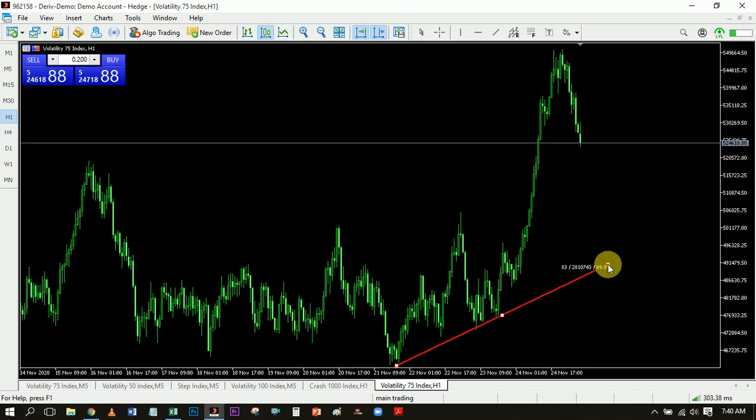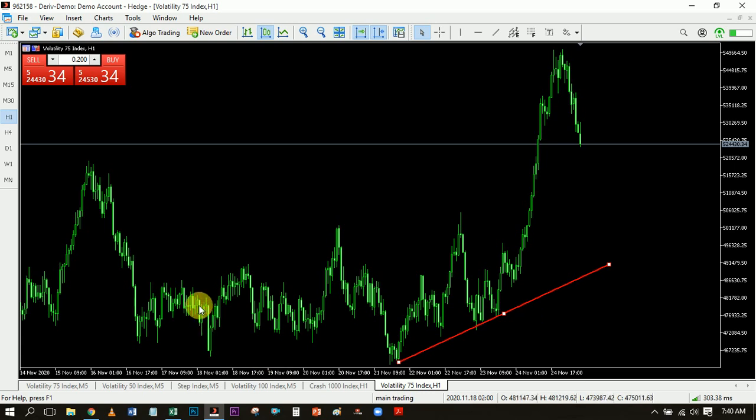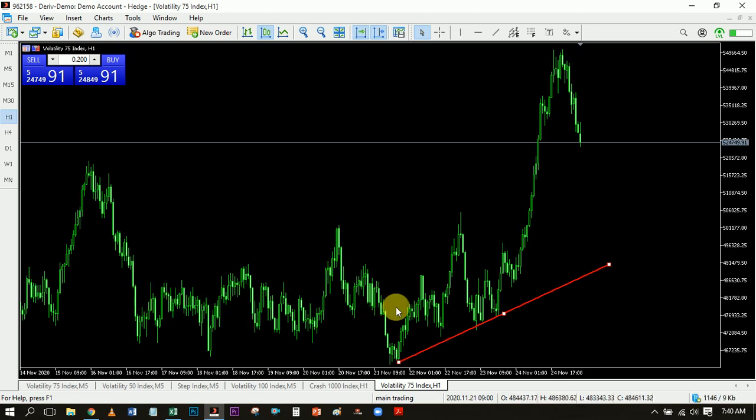All right, like this. Instead of you drawing a line like this by yourself manually, a moving average can actually do that for you, depending on the period that you select. I'm going to show you the periods that are good for you to use, and the ones that are best to combine for the crossover strategy.